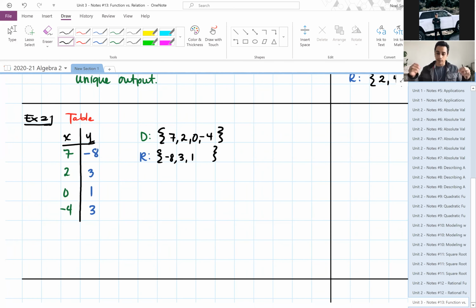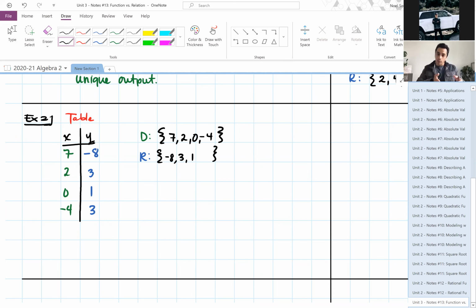The fact that you're a function means that each input only has one output. So you look at the domain first. Now, if there were repeats in the domain, like if we repeat 7, then we have to check whether it goes to the same output or a different output.